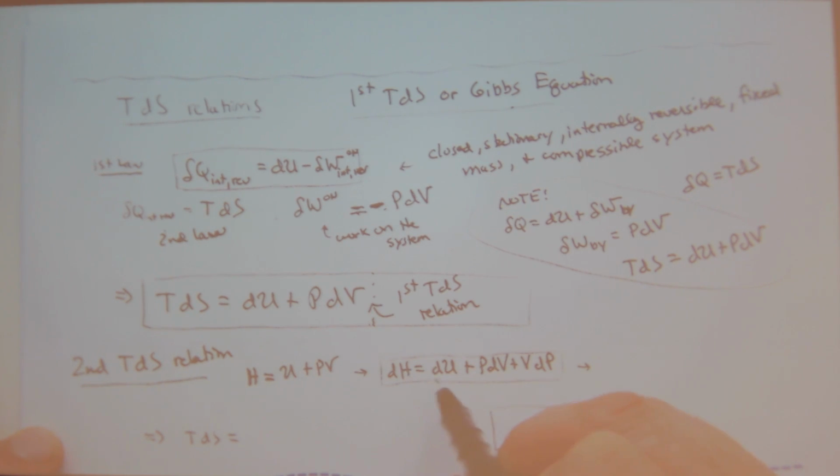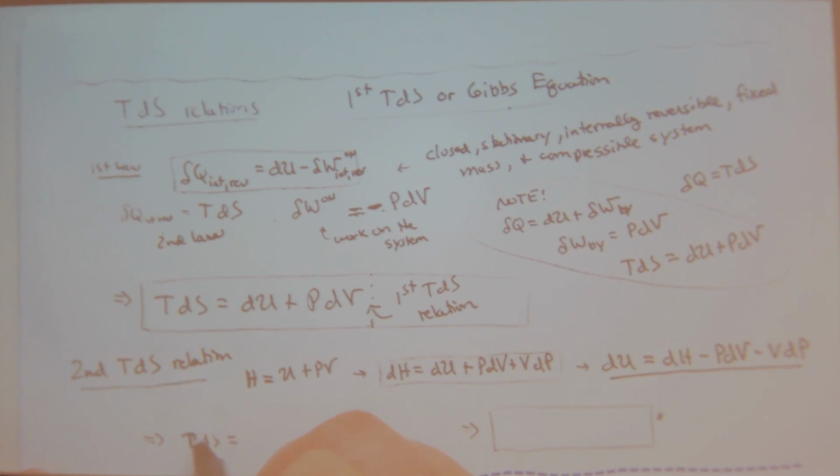I can rewrite dH in terms of dU. So dU equals dH minus P dV minus V dP. So I have this expression, and I have my first T dS relationship.